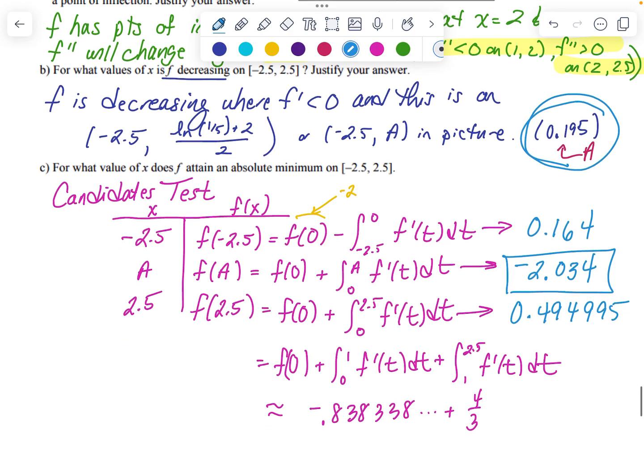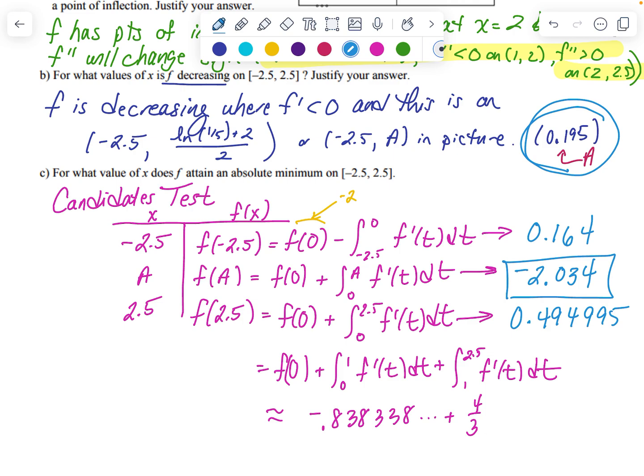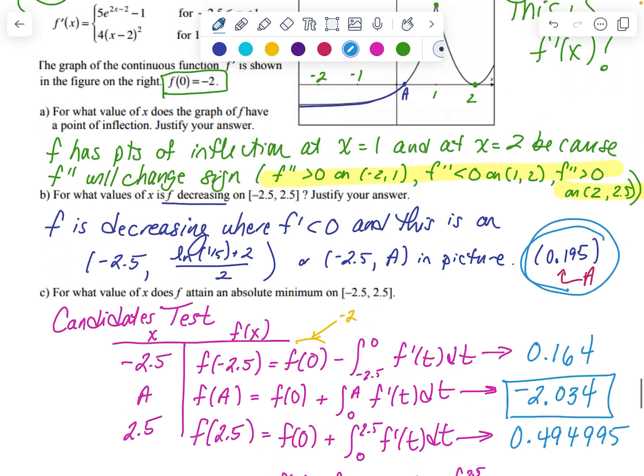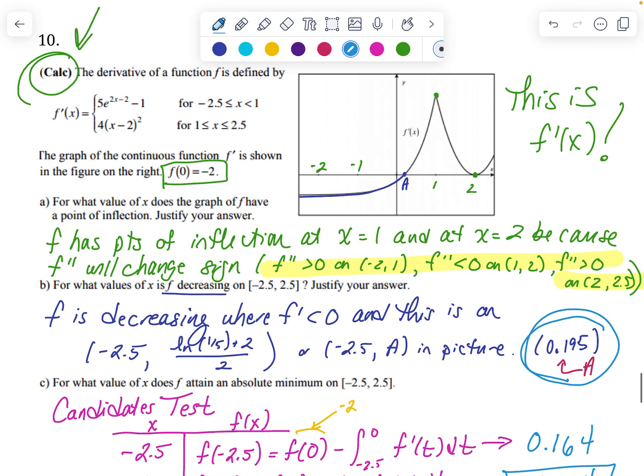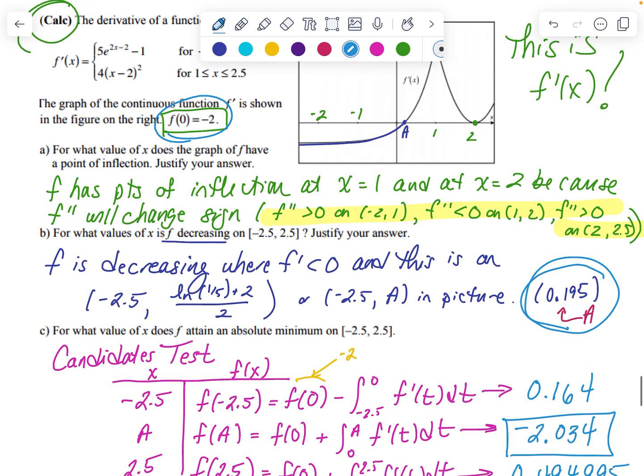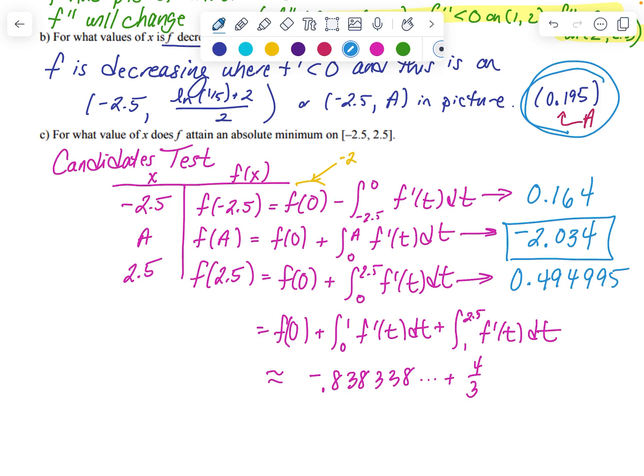Part C is an involved candidates test. In order to know the values of the function at the endpoints and at the relative minimum, you need to use the fundamental theorem of calculus and that initial value of (0, -2) that was given right here. Okay, so I'm showing my work here. I don't know if that's the best way to show my work, but it is a way to show my work.